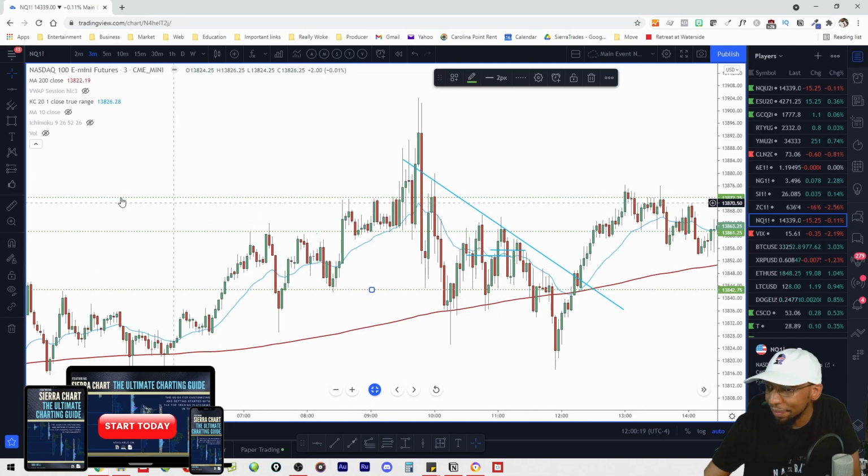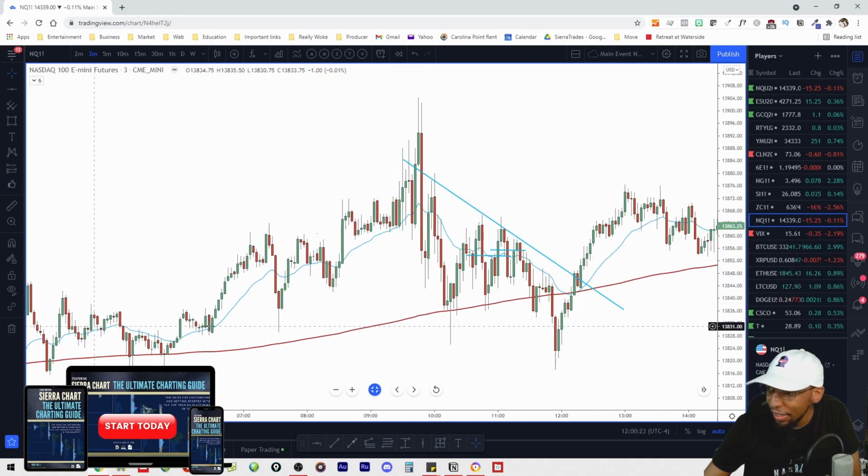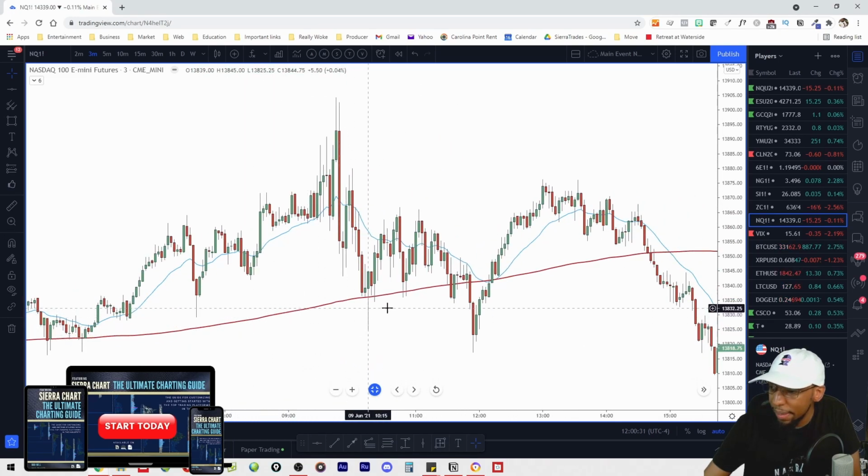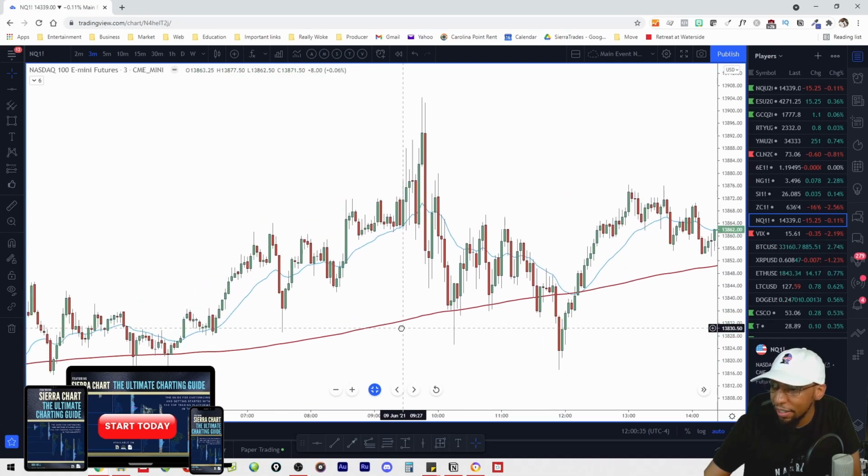Okay. Using these indicators, we can use the 200 SMA for our long-term trend to get an understanding of what direction we want to trade in.